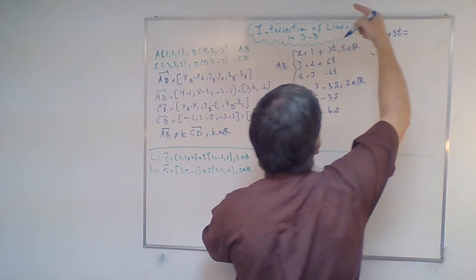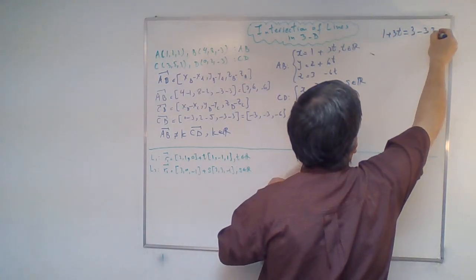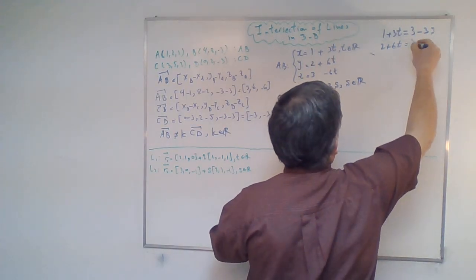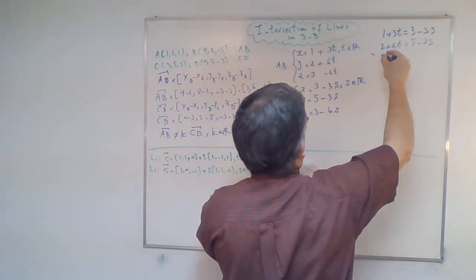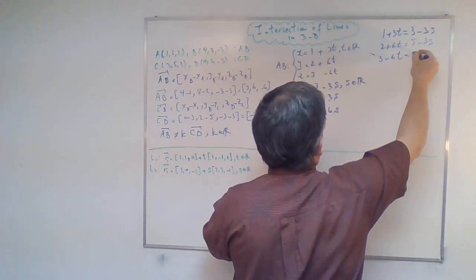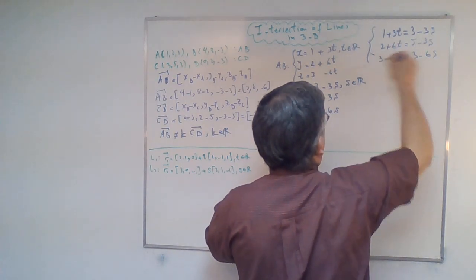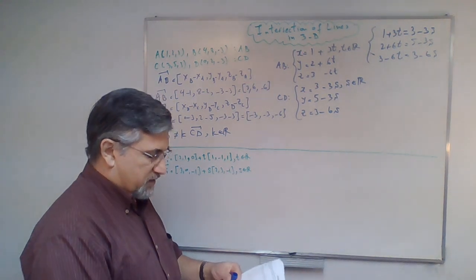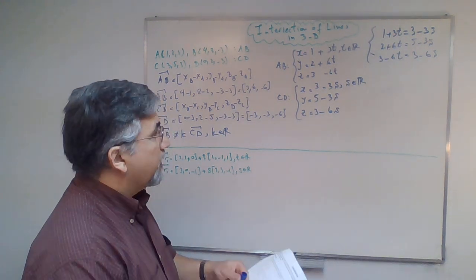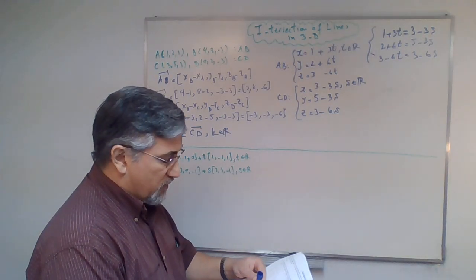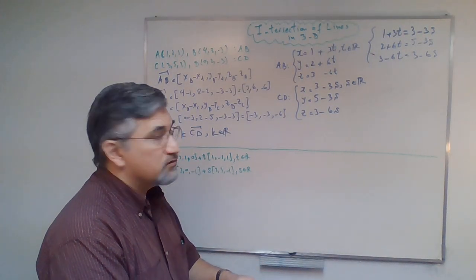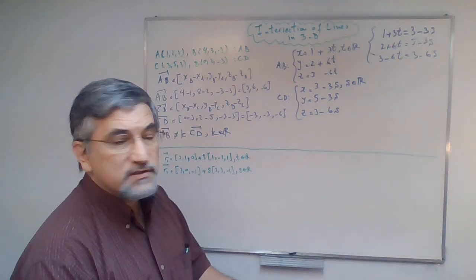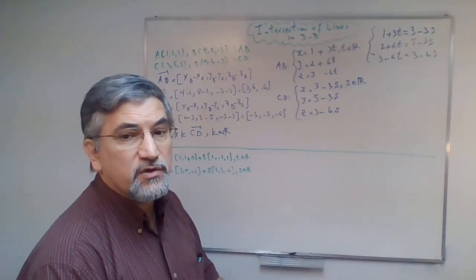So the x from the first line should be the same as the x from the other line. 2 plus 6t should equal 5 minus 3s, and 3 minus 6t should equal 3 minus 6s, apparently. Okay, that's what we are thinking. So we have 3 equations and we have 2 unknowns, t and s.